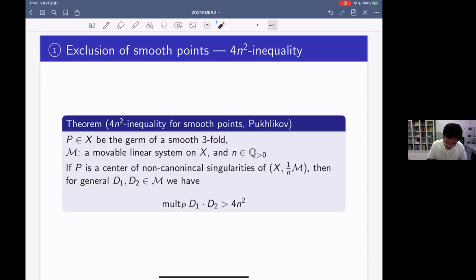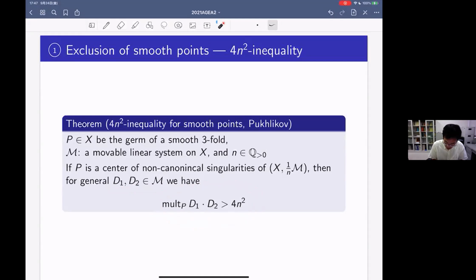If this smooth point P is a center of non-canonical singularities of this pair, then for two general divisors D1, D2 of this linear system, we have this kind of inequality.